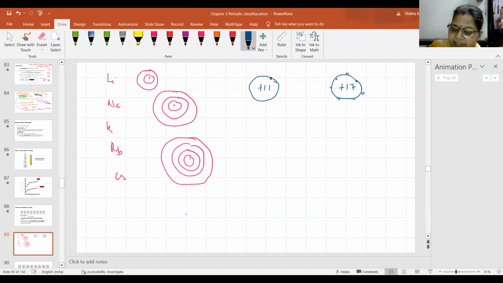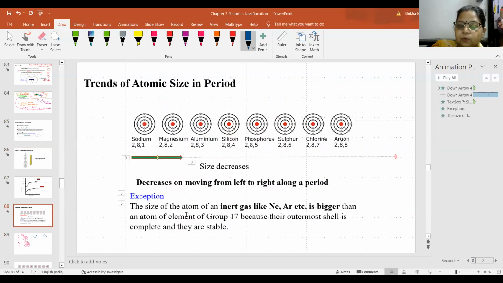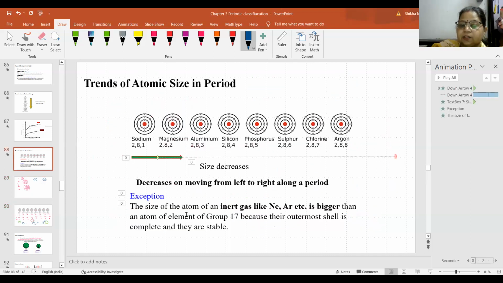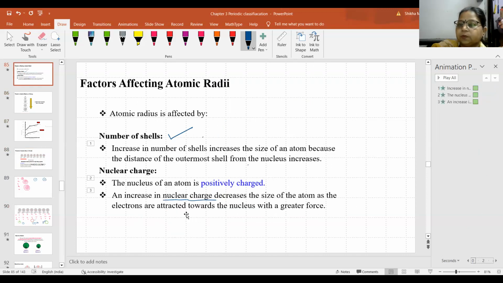So for understanding, we can use this diagram as I showed you, that the number of electrons is increasing and the size is decreasing. But when you are writing the answer, the language has to be that nuclear charge is increasing. Is it making sense to all of you?